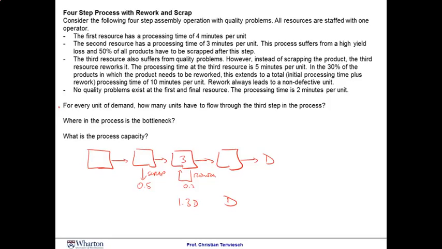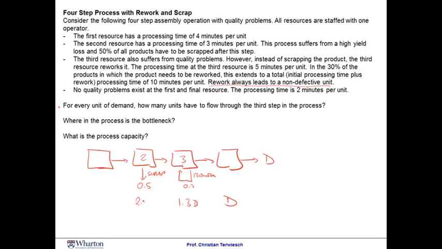And please note that the assumption is that rework always works. So you don't have to think about a rework of a rework of a rework. Every unit has to go through there, and then 30% of the units have to go through there twice. Now, as you go into step 2, you have to adjust for the scrap. There's a 50% yield loss.